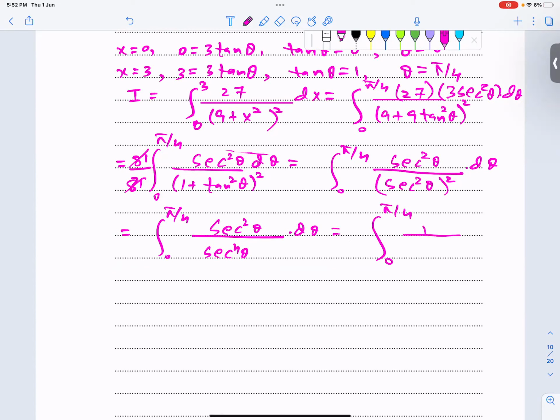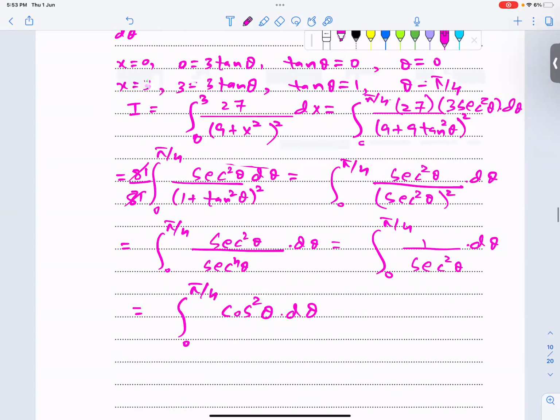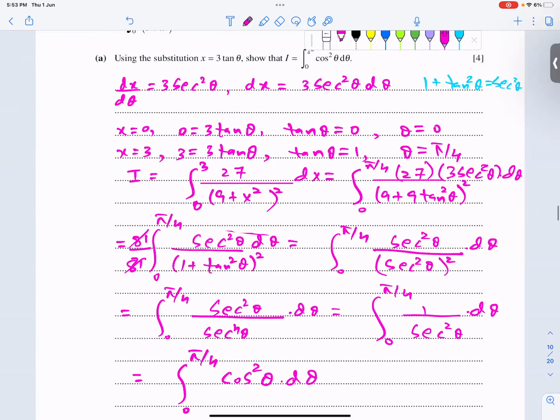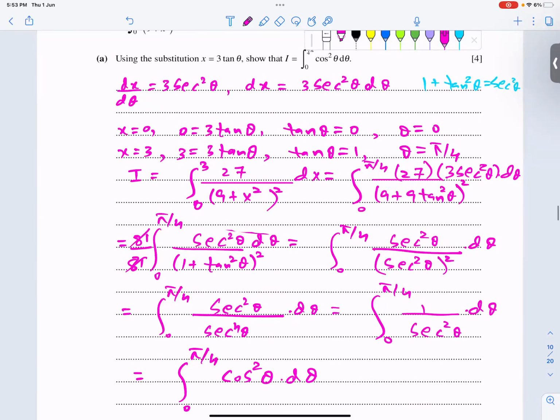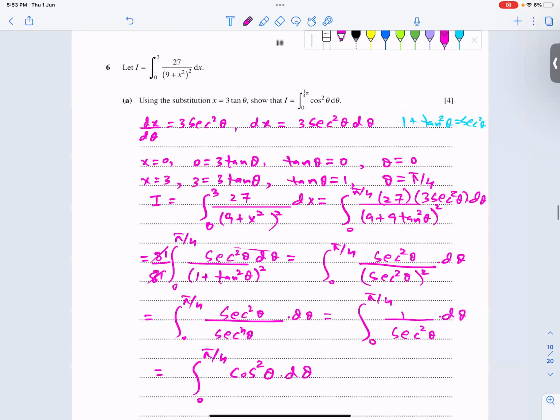One over secant square will cancel with secant square, so in the denominator we will have just secant square theta. And 1 over secant square theta is cos square theta d theta. So if you look at the answer, we had the target of converting the original integral to this integral, showing that I is equal to this expression. So we are done with this part.